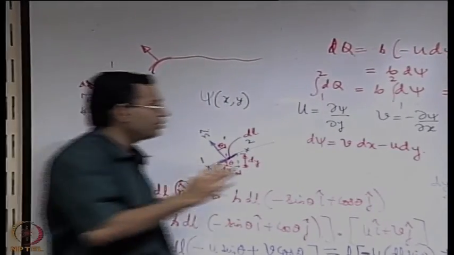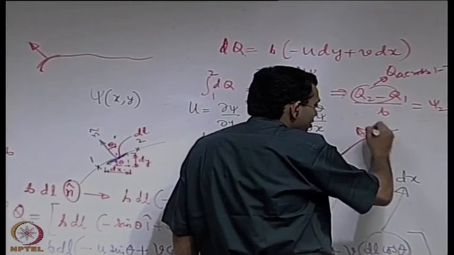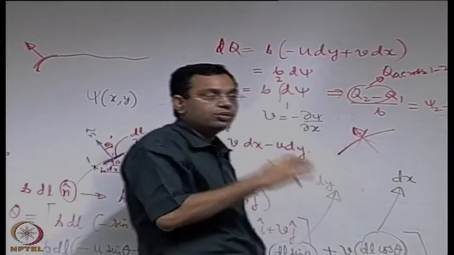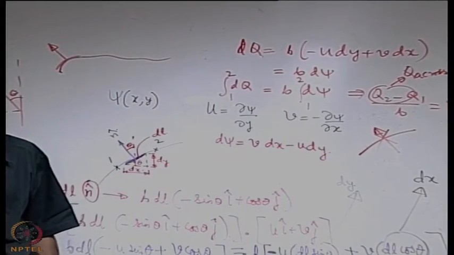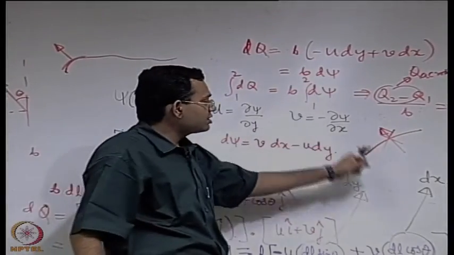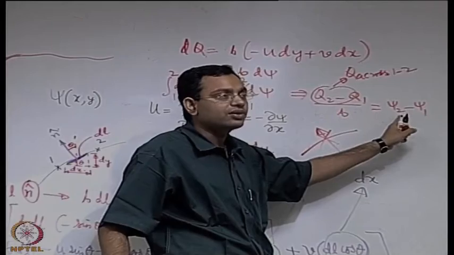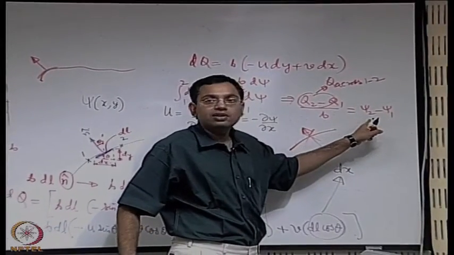So if you have a streamline like this, you cannot have any flow across this, because all the velocity vectors are tangential to it. There is no normal component of velocity, and normal component of velocity can only give a cross flow. So because it is so, you can clearly see that from the definition of stream function also it is reflected in that way, because streamlines are characterized by constant stream function.